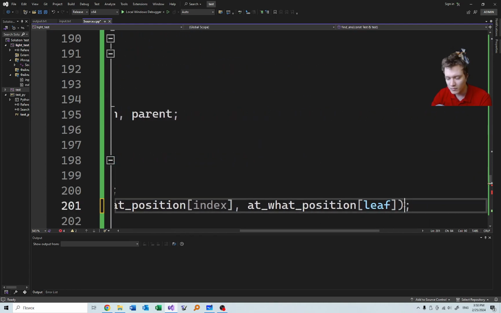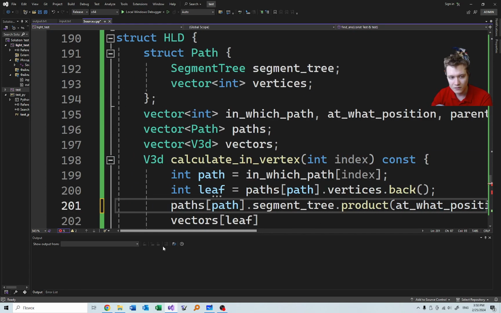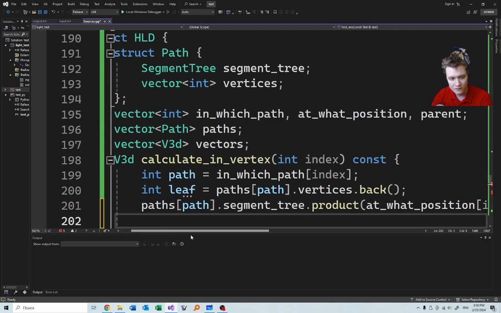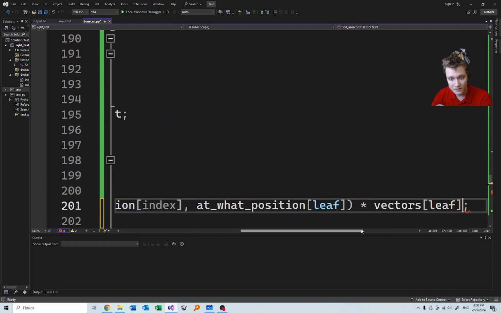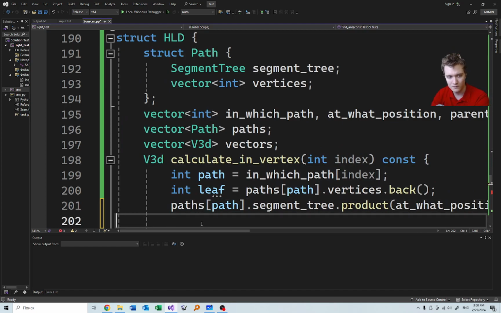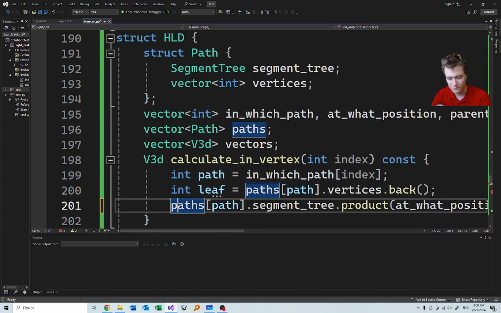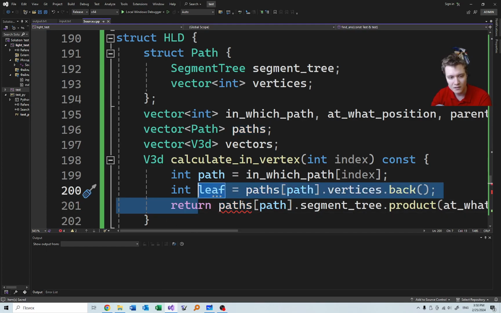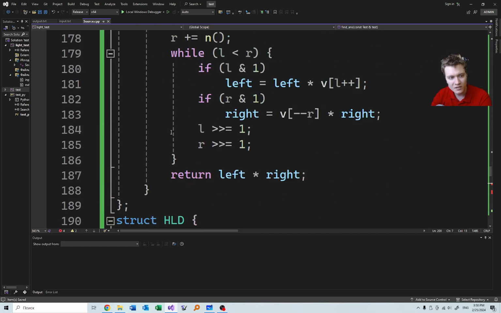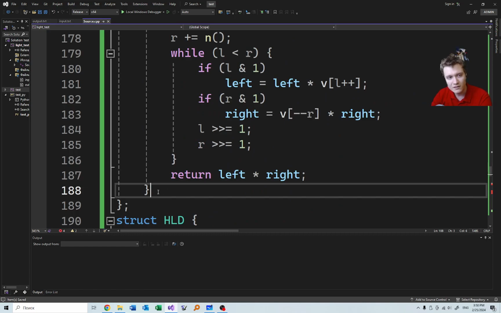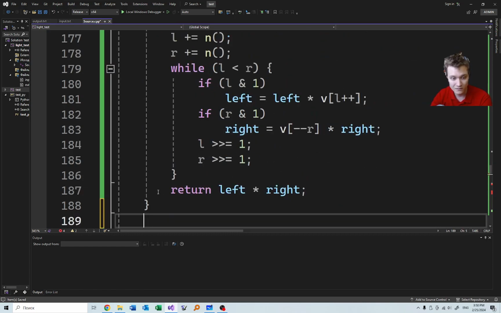Then we need to multiply by it our vectors leaf. And that's basically it. So this was pretty easy. However, we didn't write the multiplication of a matrix by vector, so we need to do it.